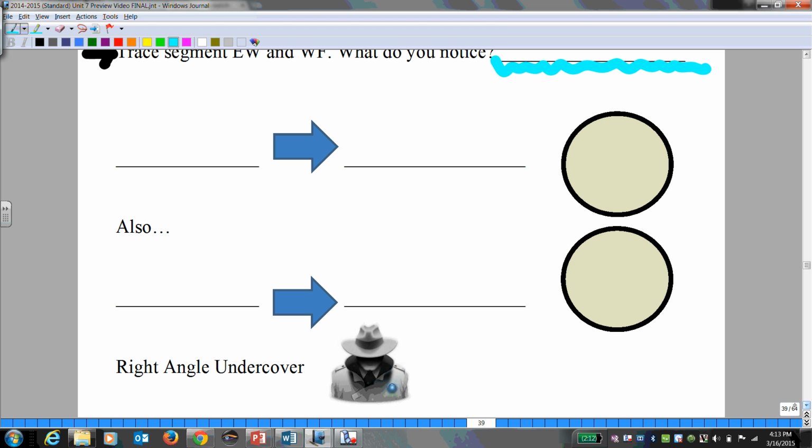Okay, let's take a look here. I'd like you to draw in this diagram. Actually, in both diagrams, I'd like you to mark the center. And I'd like you to draw a radius.